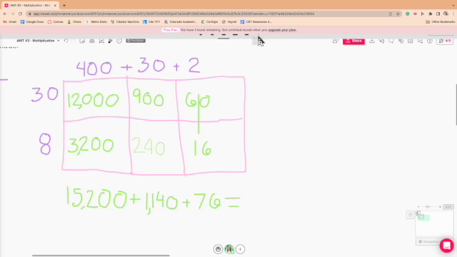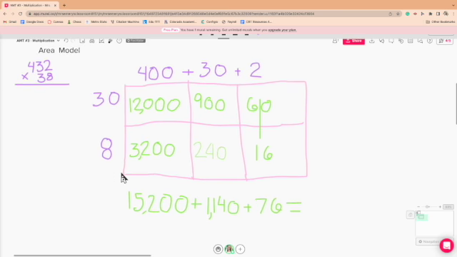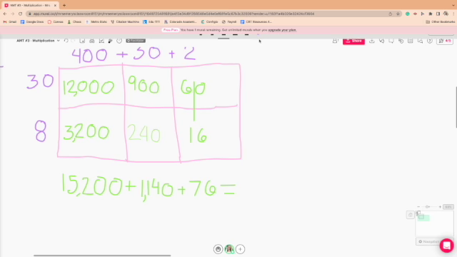Now we just need to add these numbers together that we have in order to get the final product of 432 times 38. So I'm going to write these up here. So it's going to be 15,200, which we got from adding these two together.